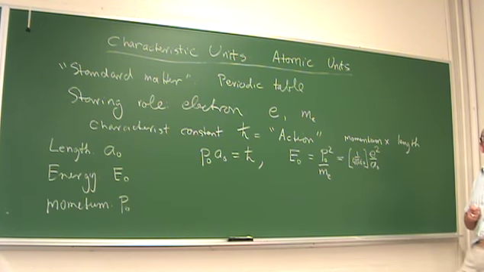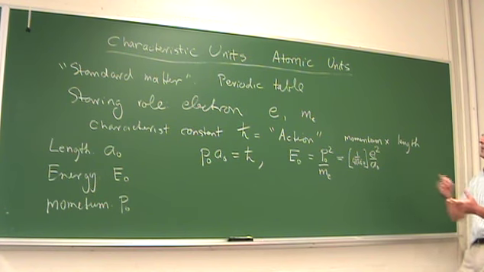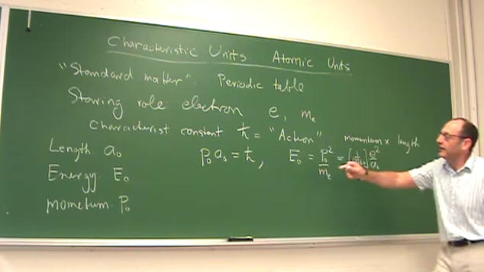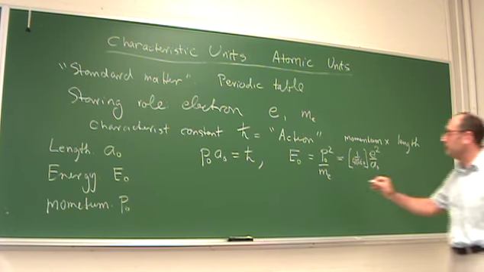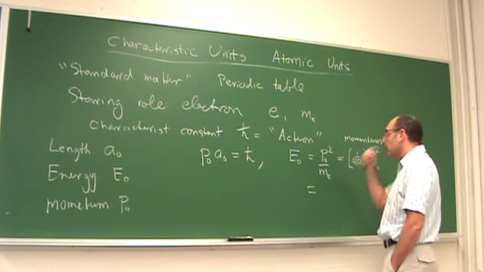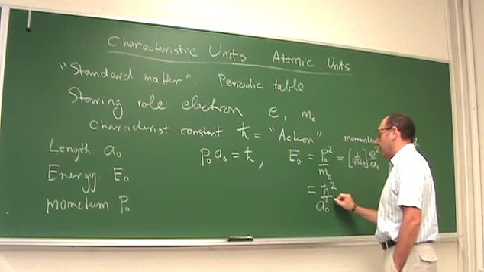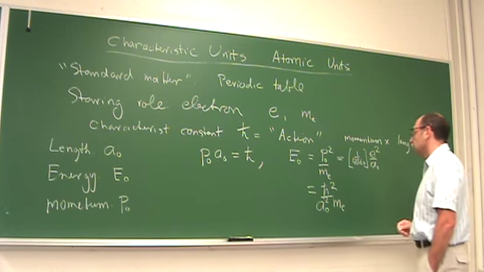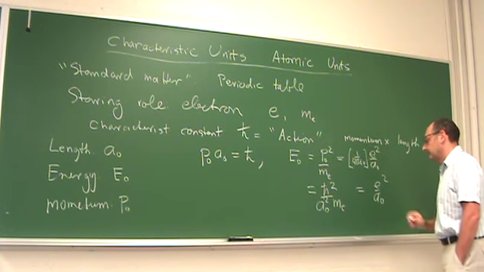All right, so given this, given these relations, we can determine some of our characteristic scales. So we can plug in: p squared here is h bar squared over a naught squared, the mass of the electron, equals p squared over a naught.